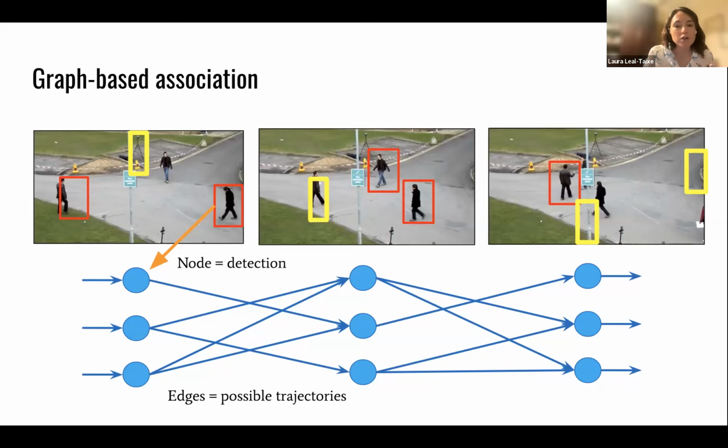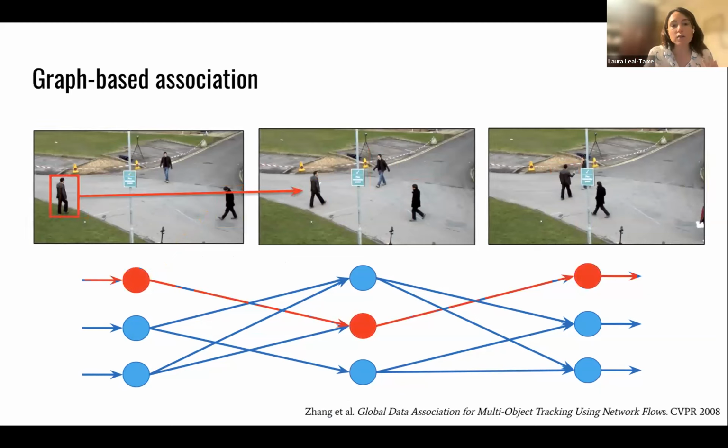In this formulation, a trajectory across the video, for example this red trajectory, is represented by a series of edges that tell me that these two red detections are connected. They belong to the same trajectory.